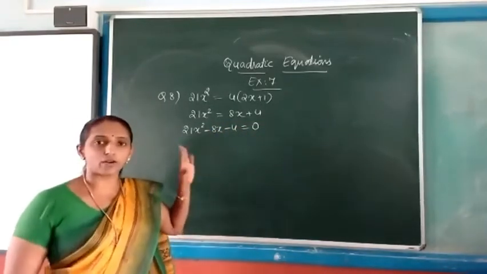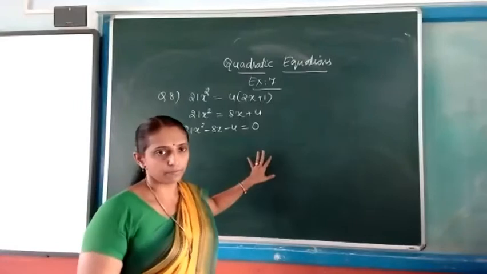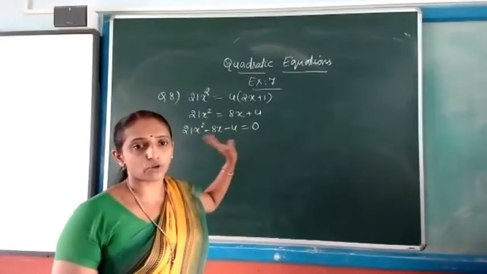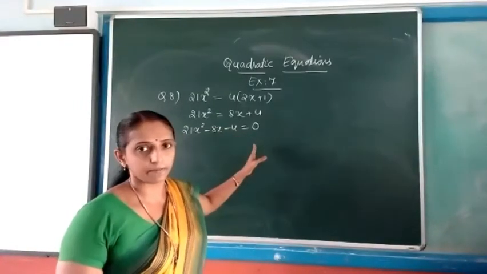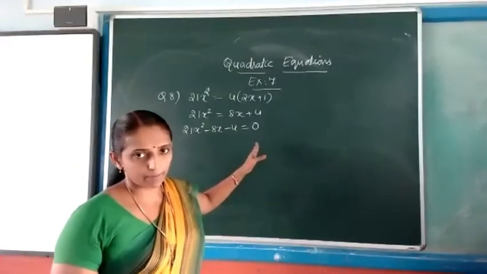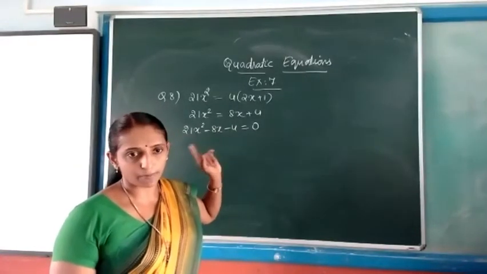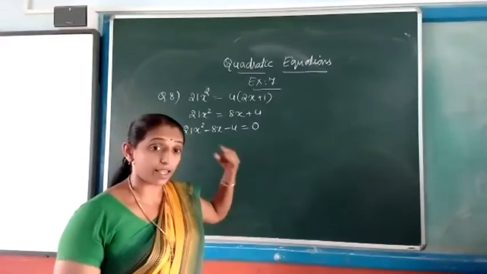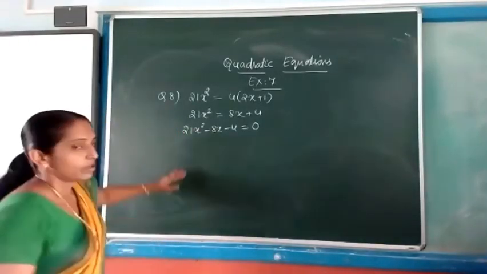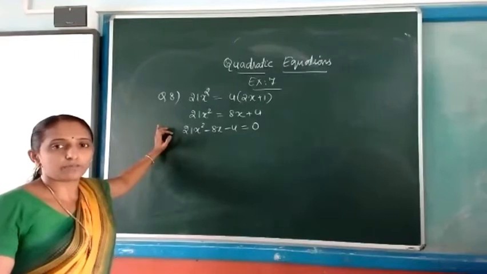So RHS side, of course, it will be equal to 0. There won't be any numbers or any variables in the RHS side, because our standard form is ax square plus bx plus c equal to 0. There 0 comes. Now you can see it is of the trinomial form.